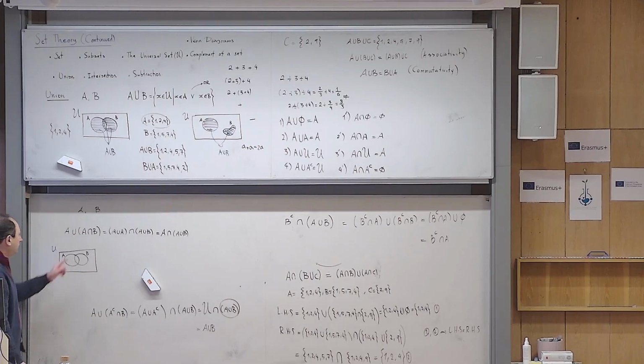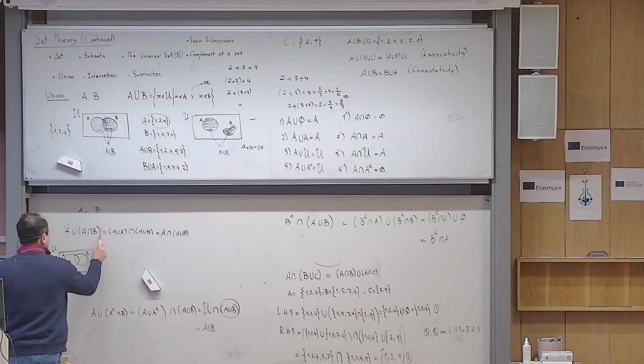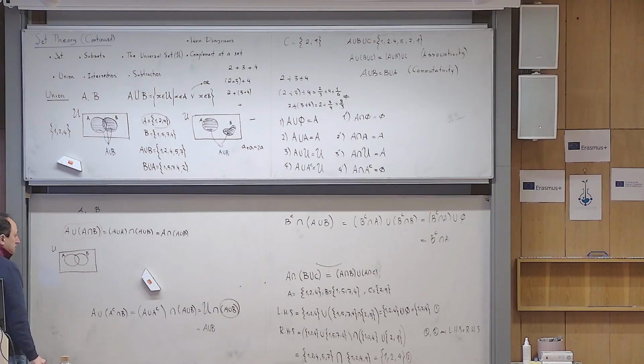Okay? And now if I ask you, I want to see what the result is. What is that? A intersection B is here. And now A is the whole circle. But I am interested in unioning them.